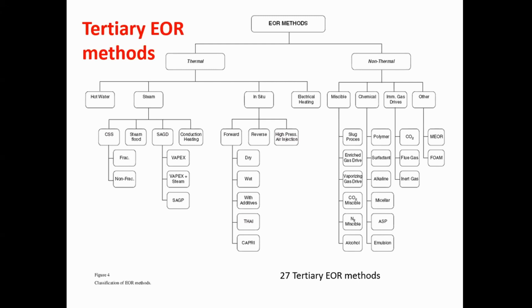So I can use chemicals, gases, or sometimes I use the thermal methods. All come under tertiary. So we have more than 22 methods, I think 27 methods. I counted them here, I put 27 methods. So it's a big menu, and up to you as an engineer later on to choose the suitable one.